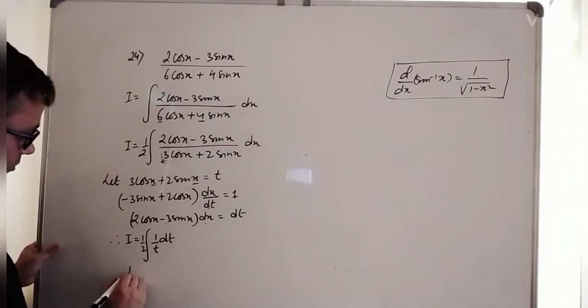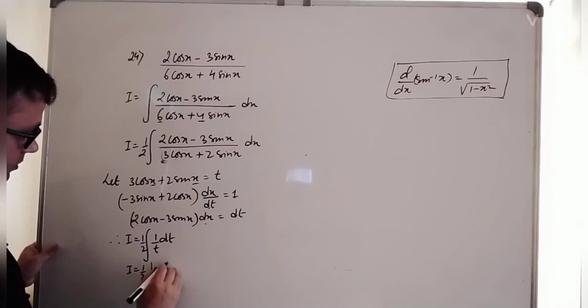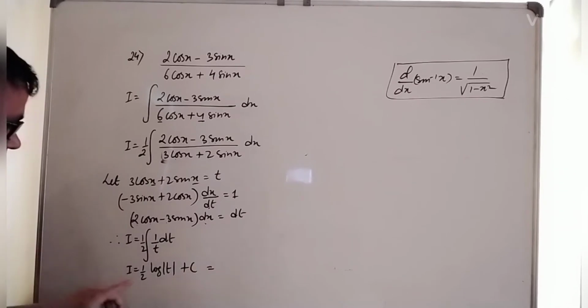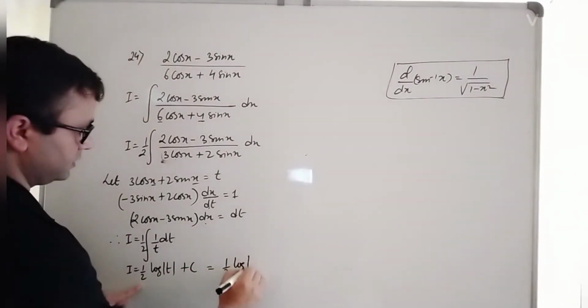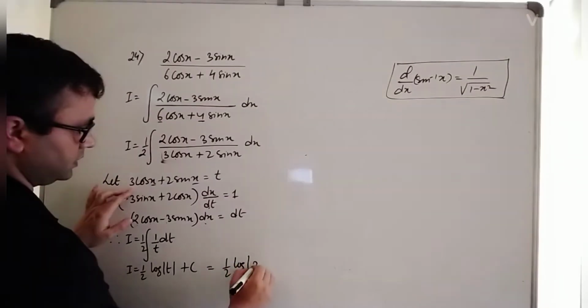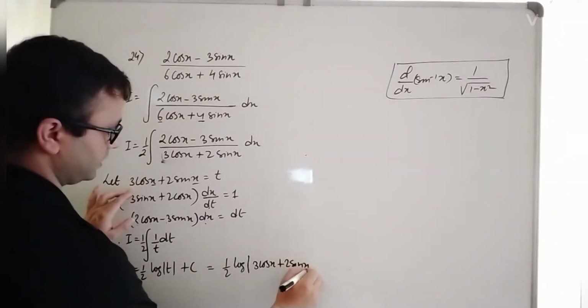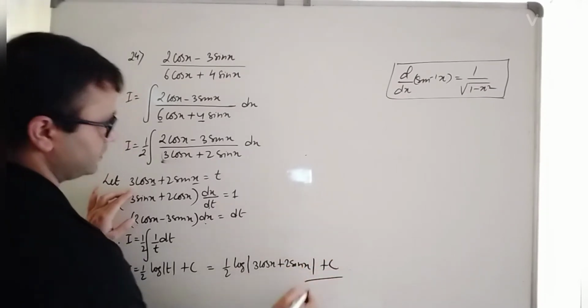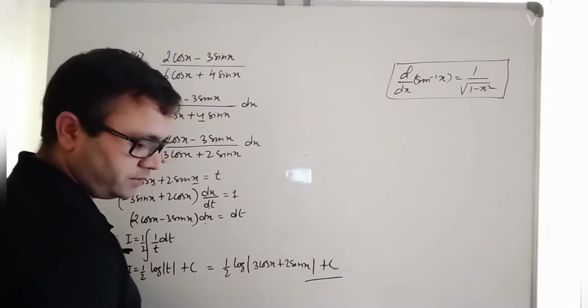So I equals 1 by 2 log t plus c. So this equals half log of 3 cos x plus 2 sin x plus c. Now this is the answer. Now next question number 25.